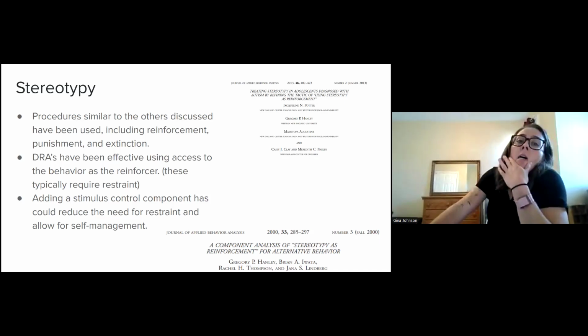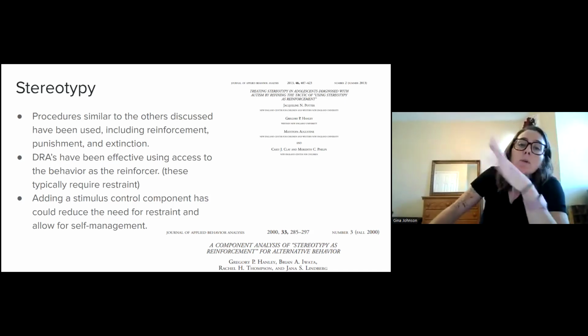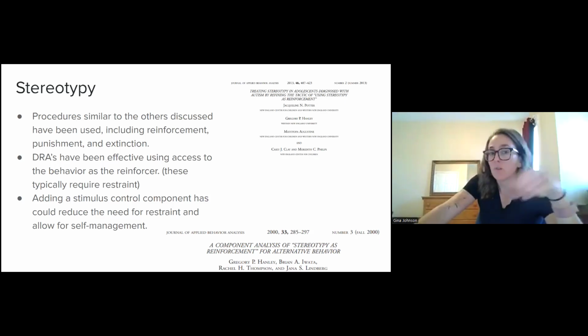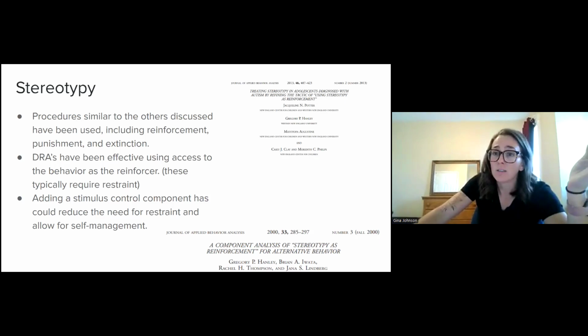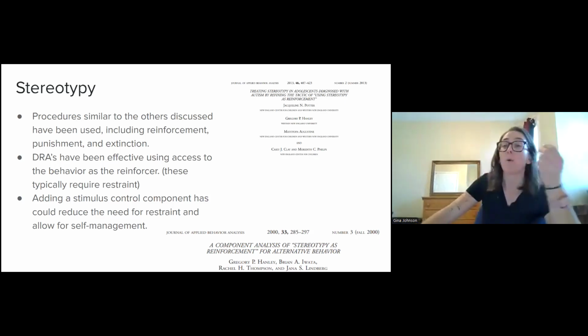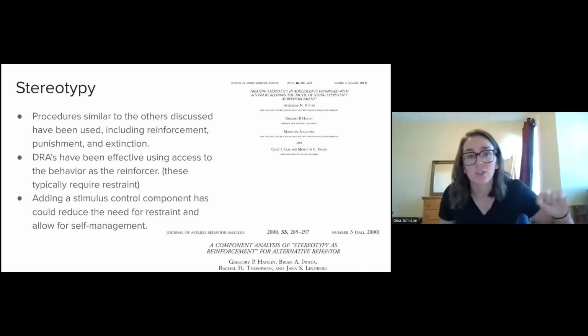Throughout the literature with stereotypy, there has been the use of all of these similar procedures that we just discussed. So all of those reinforcement procedures and the addition of extinction and punishment in similar ways. However, in this literature, it's very interesting.